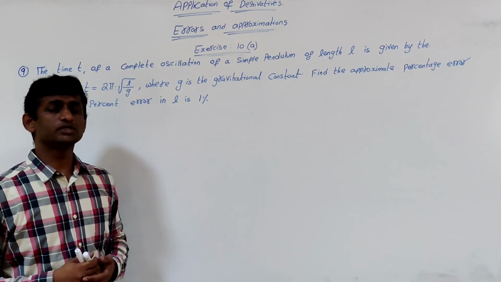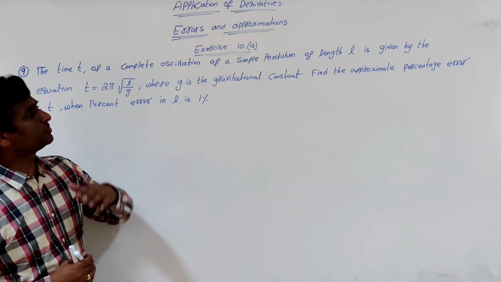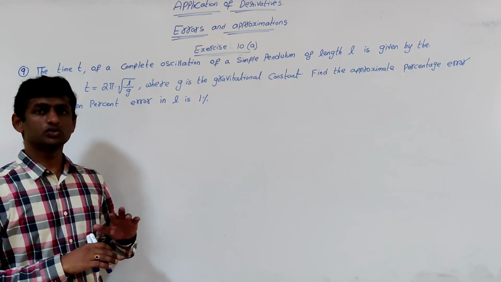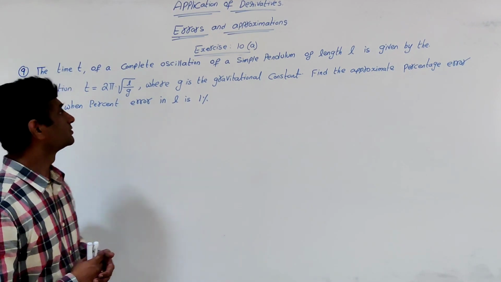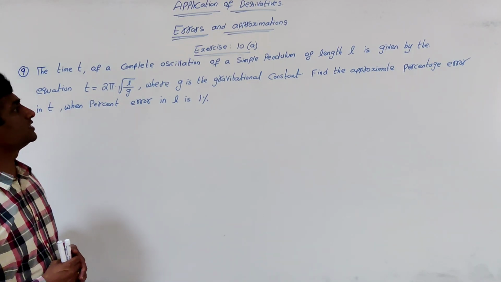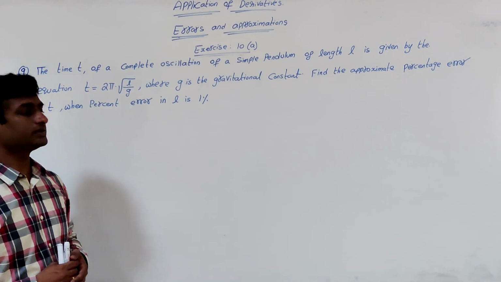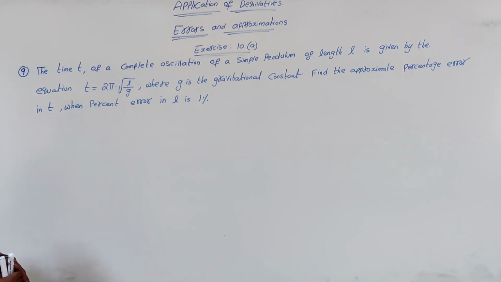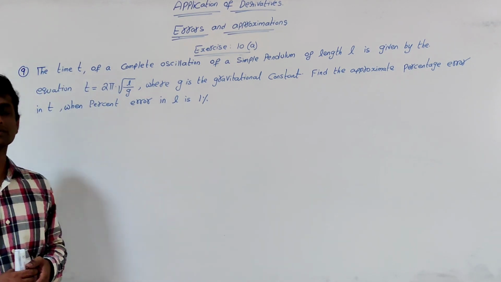So the next question is on a simple pendulum. The question seems to be very lengthy, but the solution is very easy. Let's see what the question is. The time t of a complete oscillation of a simple pendulum of length L is given by the equation t is equal to 2 pi into square root of L by g, where g is the gravitational constant.